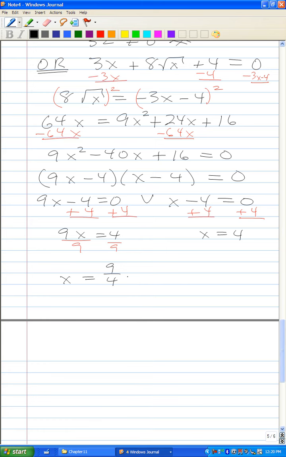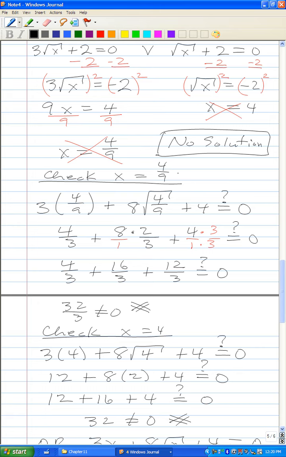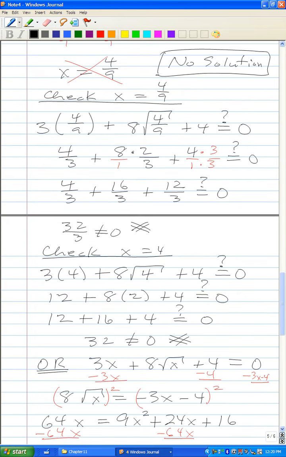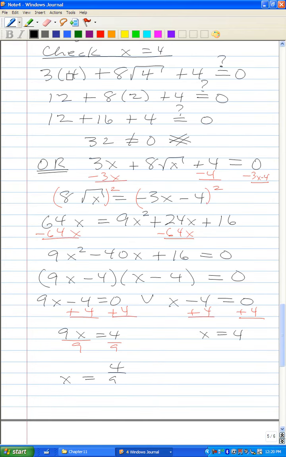But again, well, you could check at 4 over 9. Oops, I wrote it as 9 over 4. You could check at 4 over 9. And we already saw that the original equation doesn't work. Or you could check at 4, and again, at 4 it doesn't work. So check at x equals 4.